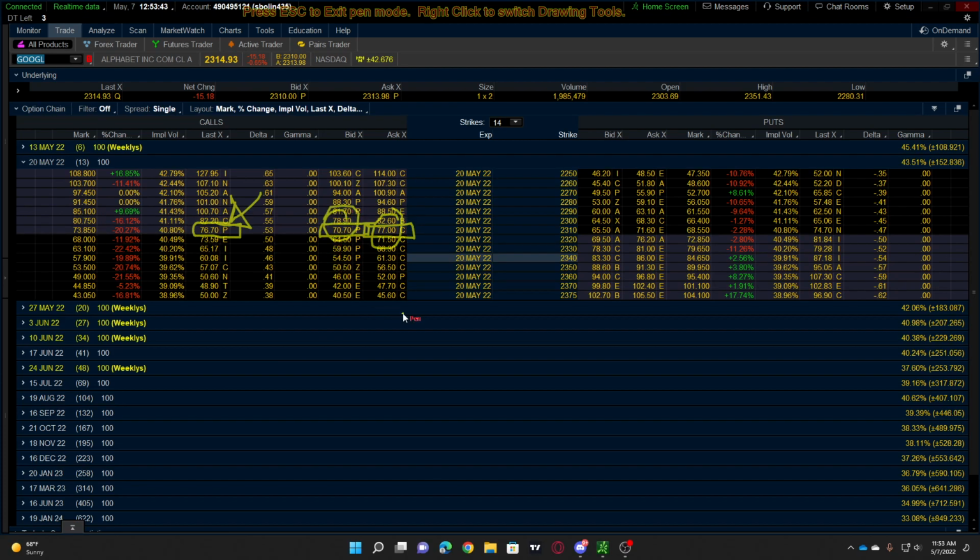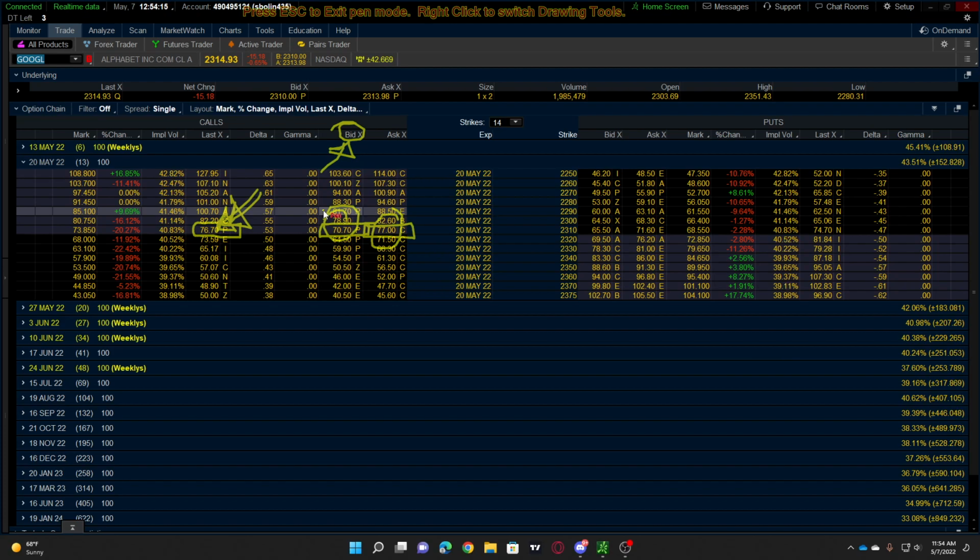Now that gives us a little information. It shows that very likely the last calls that were traded were buy to open, and the last price paid was 76.70. If the last transaction would have been closer to the bid, that would have shown us that very likely the last trade performed on the call side was sell to open, not buy to open.